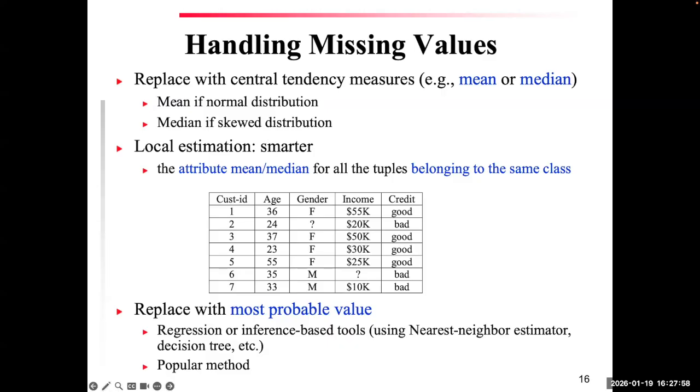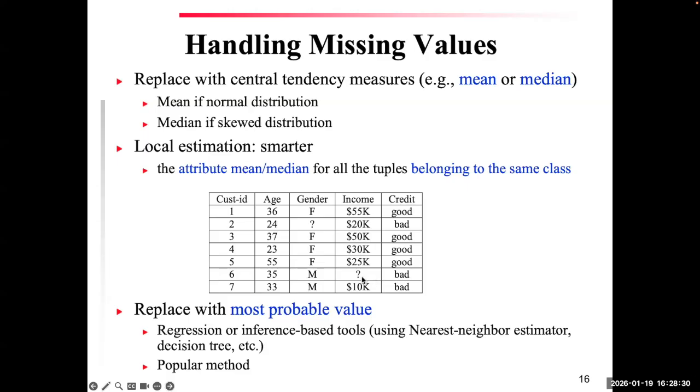So now we have good people with good credit and bad credit. What this method is offering is that instead of replacing this missing value with the mean or median of the income for all customers or all employees, let's replace it with only the ones that have bad credit, because this person apparently is classified as bad credit.